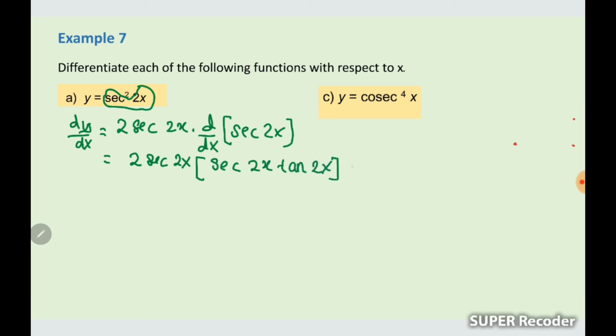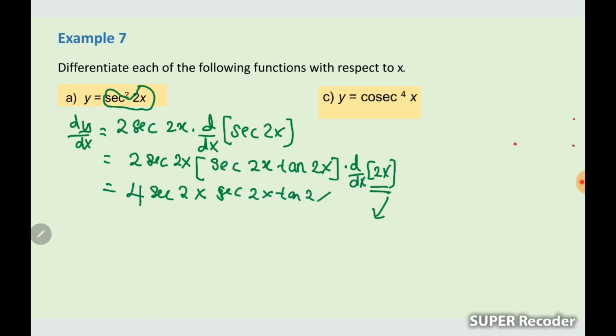We haven't finished yet. You have to differentiate 2x. So right here, differentiate 2x, the answer is 2. So I will bring it in front. 2 times 2, 4. 4 secant 2x, and we have another secant 2x, tangent 2x.